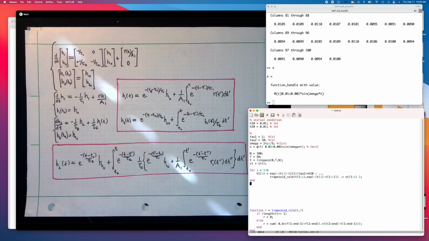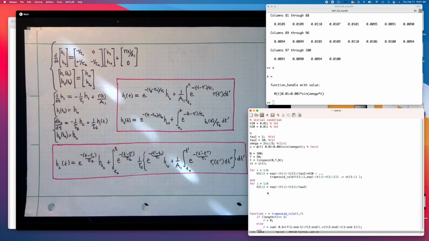So let's do that one. For i equals 1 through n, h2 of i. Notice this time I used tau 2 for the time scale. Multiply by h20, the initial condition for the water level in the second tank, plus dot dot dot trapezoid rule, t1 through i, exponential minus ti minus t1 through i.